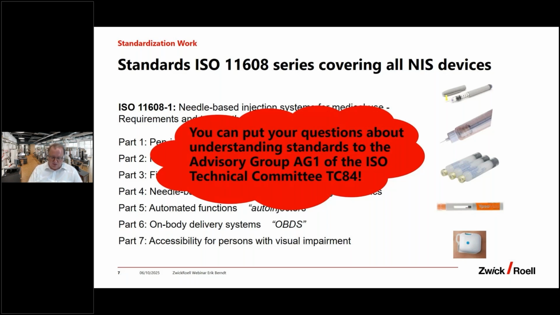You can go via your national standardization secretary to get it in. You can go directly via the TC84 committee, or what I'm also offering to our customers, I'm bringing in these questions. And we have already had a lot of questions.